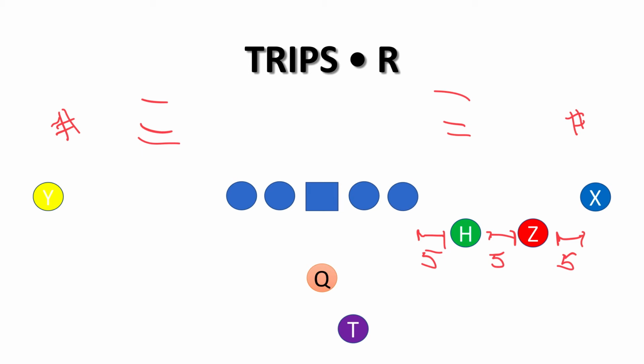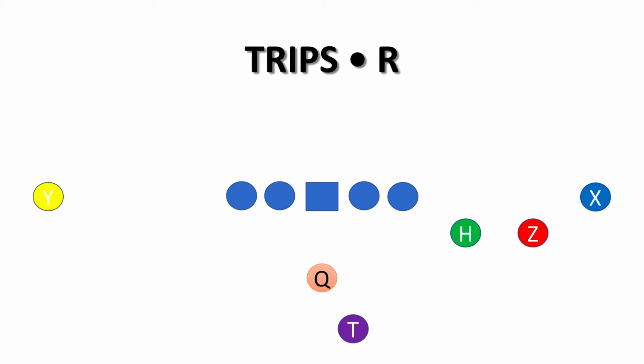Okay, and then the last look real quick. If you want to go trips into the boundary, which we do a lot because we can get routes coming back across the field, or we can run the ball to the field to the single receiver side because they'll bump their back into the boundary. There are lots of ways you can use it. Let's say the ball is on the right hash.